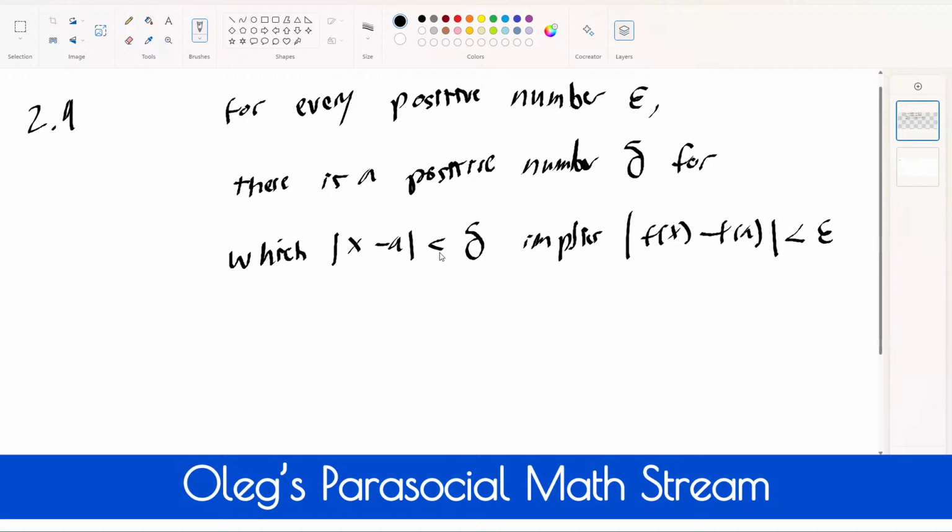Okay, cool. So this has to do with the definition of limits. This is calculus. We're not going to worry about that.